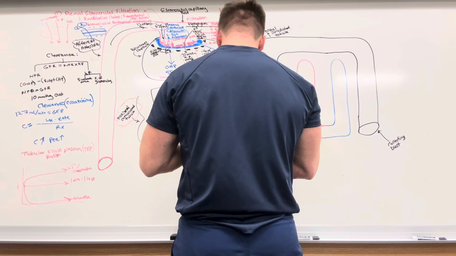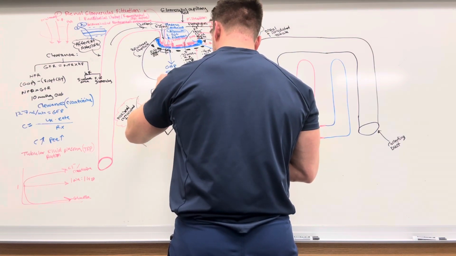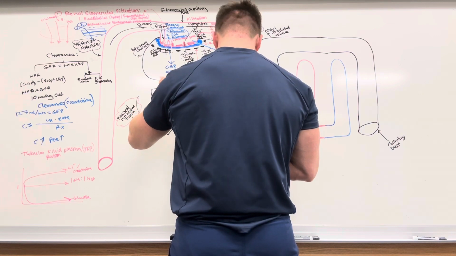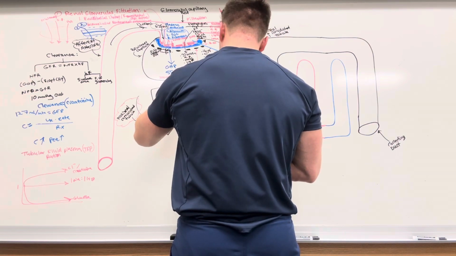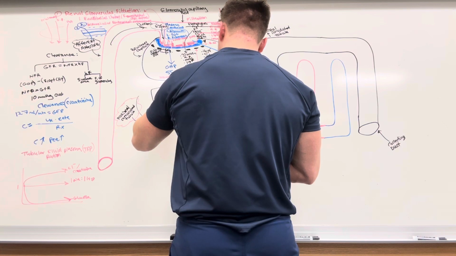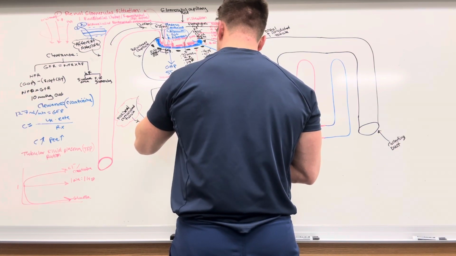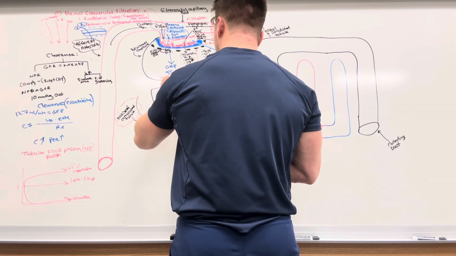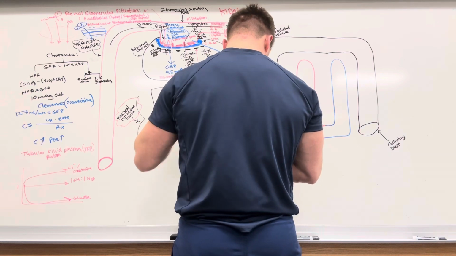Coming into the cell we have a lot of things: water, electrolytes, nutrients such as glucose, lipids, fats, vitamins, and small proteins.